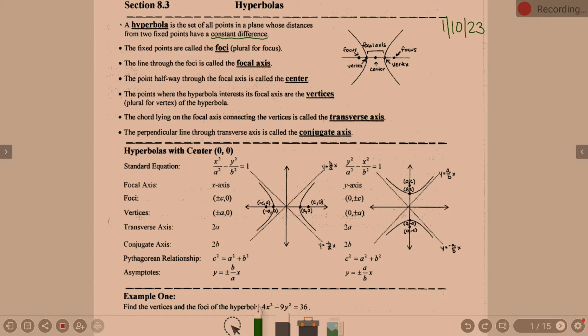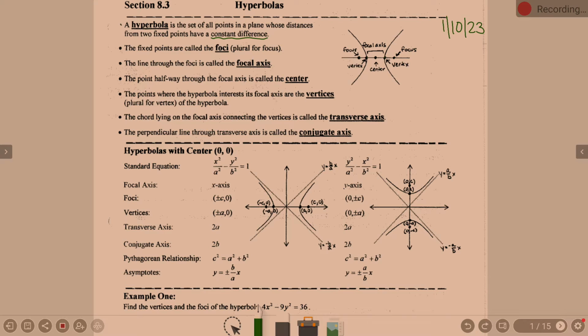Now, one difference. We don't have a major and a minor axis. We have a transverse axis and a conjugate axis. So the chord on the focal axis connecting the vertices is called the transverse axis. So in this case, on this one up here, that main horizontal axis, the one that goes through the vertices and through the foci, is your transverse axis. I would kind of relate the transverse axis to the major axis. Your transverse axis has the vertices and foci on it.